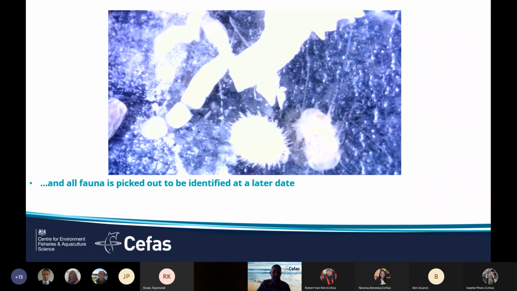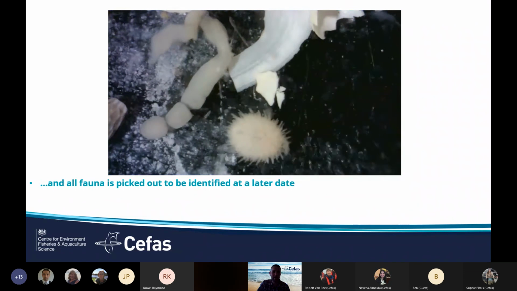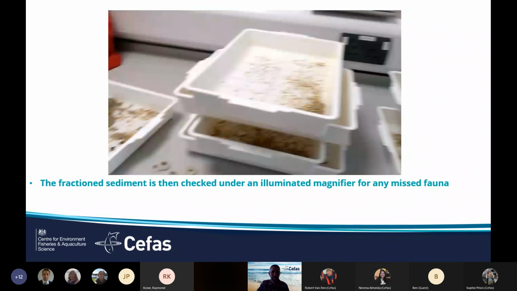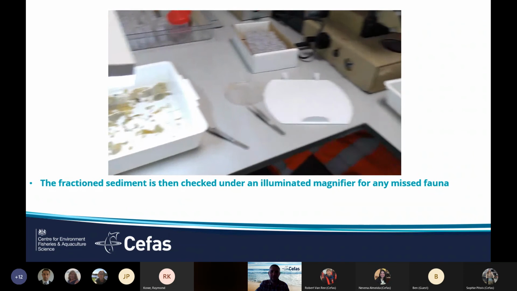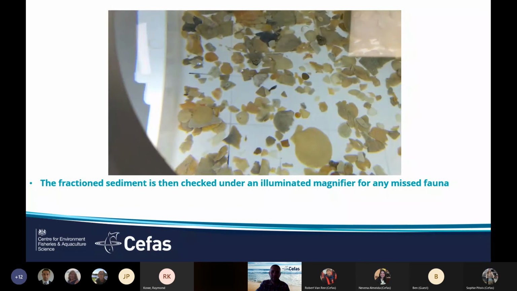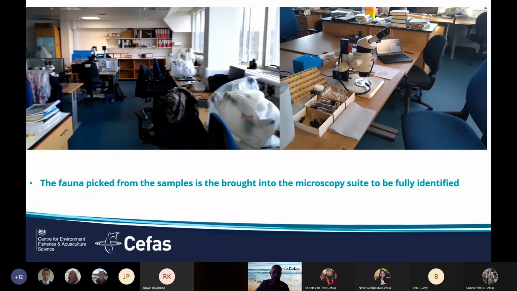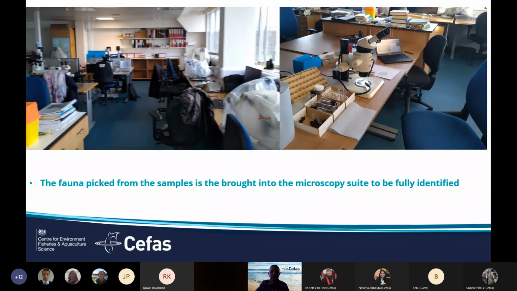Yeah, and this is an example of just some of the things under a microscope, but I've actually got a live video that I'll show you in a minute. So this is just the greater fractions that we get sorted on trays just under an illuminated magnifier. So we pick through these trays, pick out all the fauna, then bring it into the shared microscope space at Cefas. This is shared with the phytoplankton and the zooplankton people you've already seen earlier.